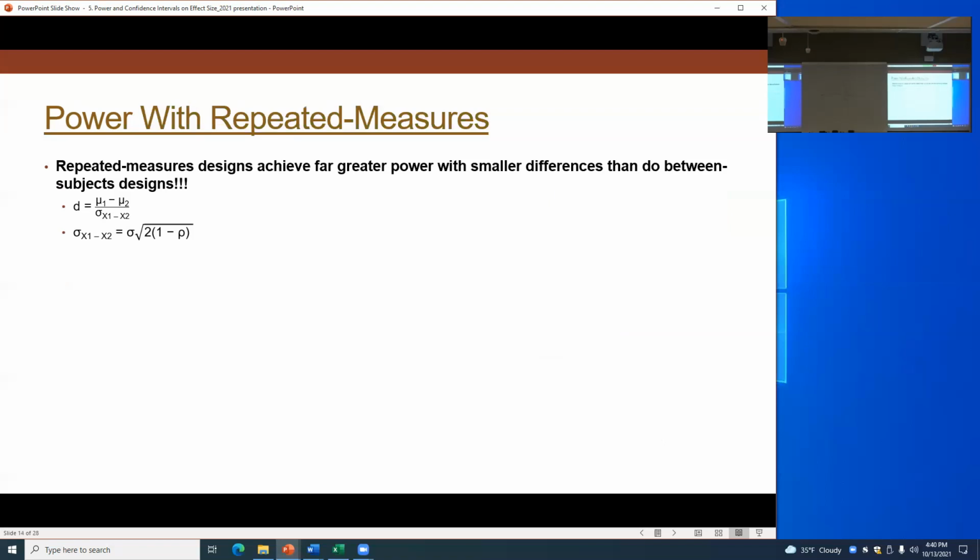So take home message, if I can impart this on you all: our repeated measures designs are far, far, far more powerful, particularly with the types of samples that we have access to for theses, dissertations, experimental stuff, clinical work with difficult to get populations, right? Part of this is because for repeated measures designs, one, we're only working with one source of error.